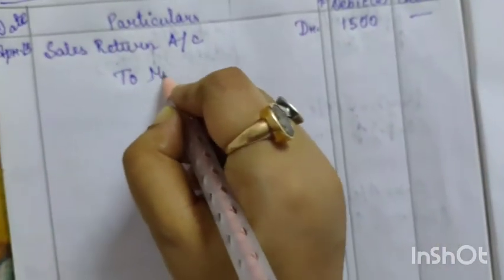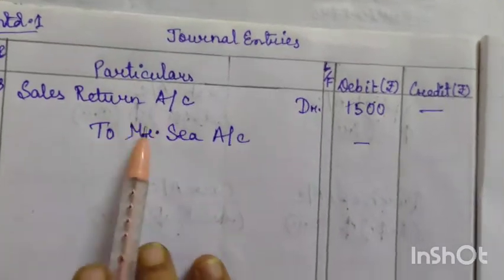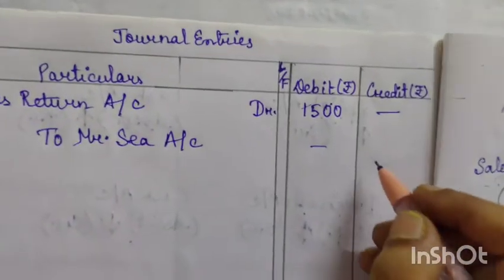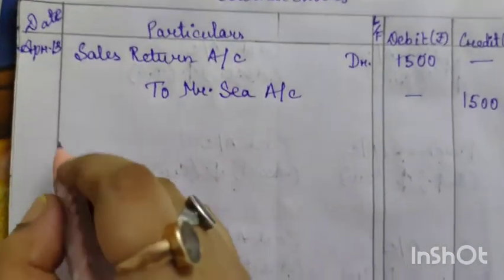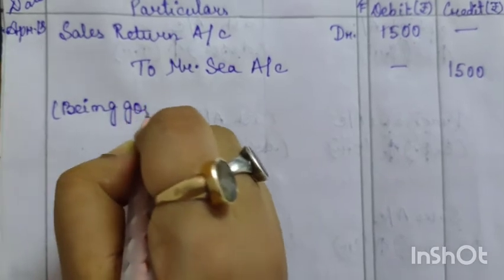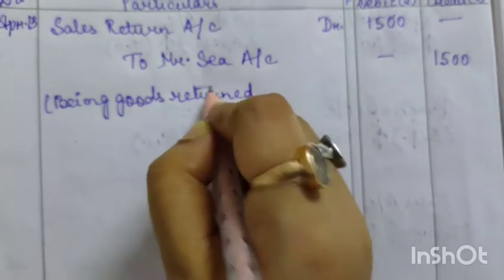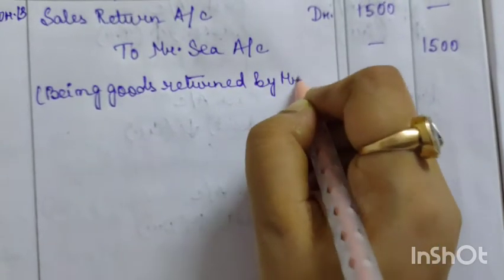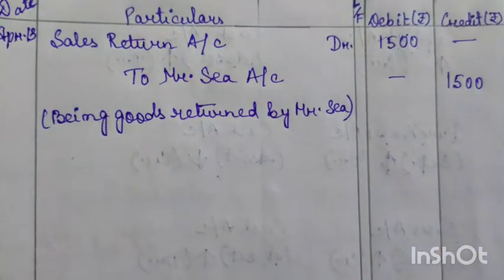So we will write here Mr. C account on the credit side 1,500. And here we will write the narration, being goods returned by Mr. C. Okay.